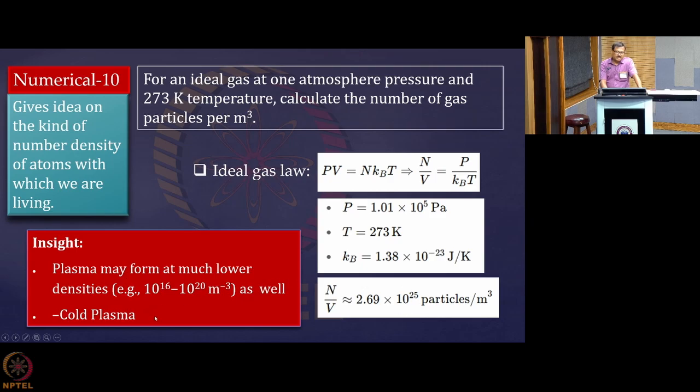When you are going to non-thermal plasma, if it is a very low pressure plasma, you can reach even 10 to the 16, 10 to the 17 per meter cube. When you are going for cold plasma devices at atmospheric pressure, there you can reach a number density around 10 to the 20 per meter cube as well.